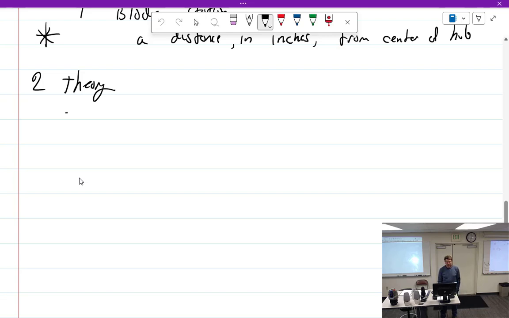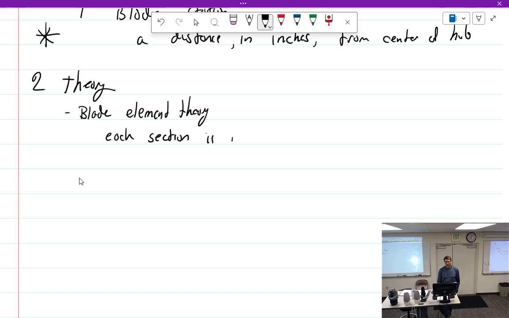So we talked about the blade element theory. And what is the blade element theory? Each section is made up of small airfoils, and they change as we go up and down.